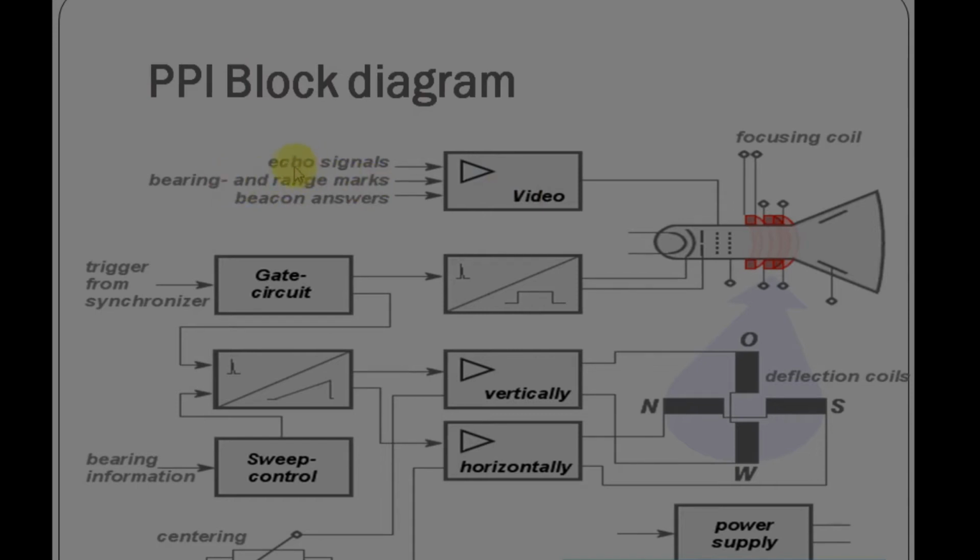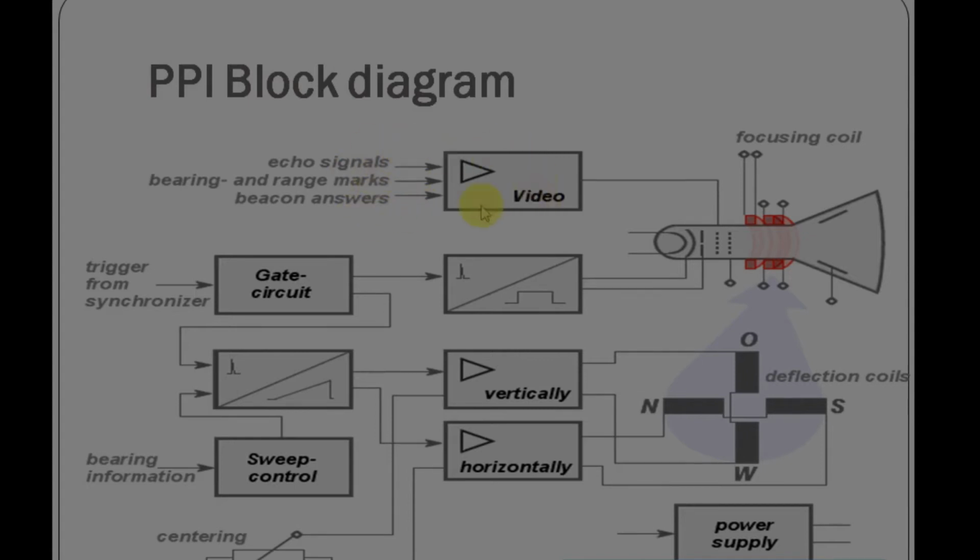The echo signal talks about the magnitude of the reflected signal from the target. Bearing talks about the angle where exactly that target is present. The beacons means our starting pulse, where we are generating the pulse, and where our echo is. So there is a kind of synchronization.